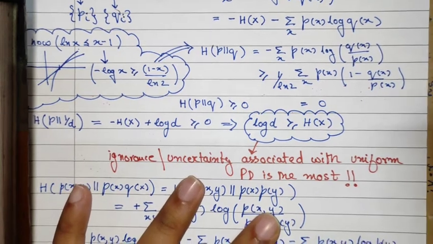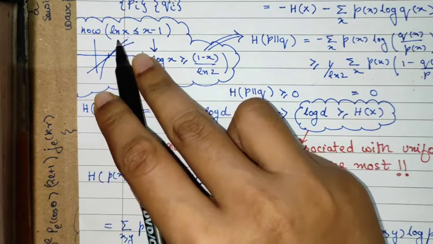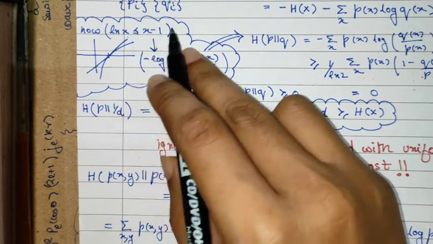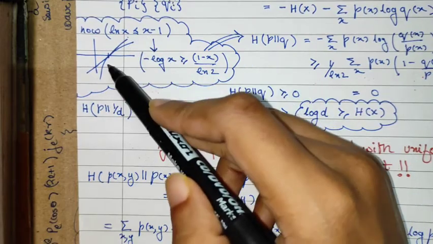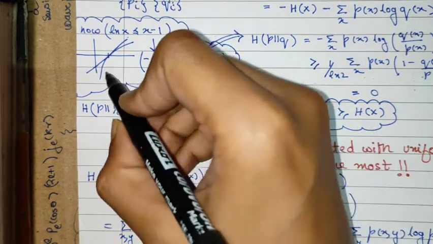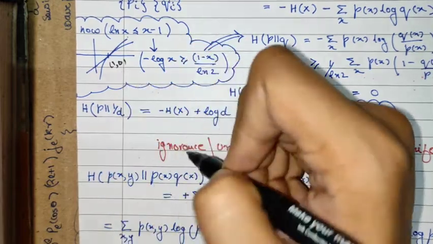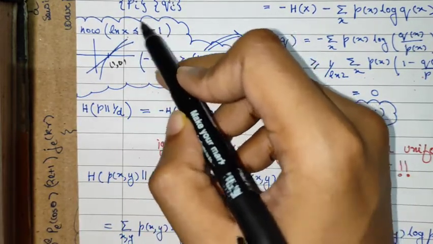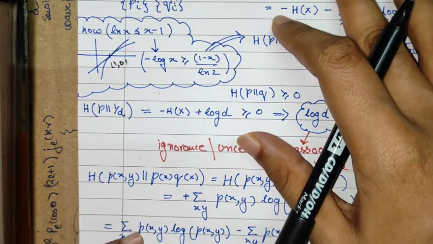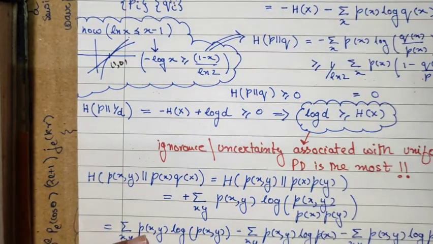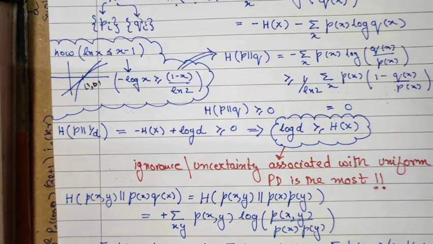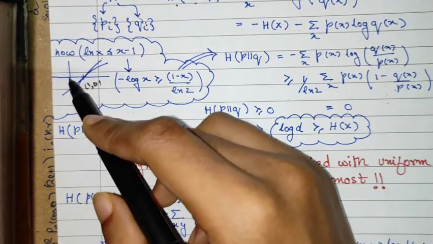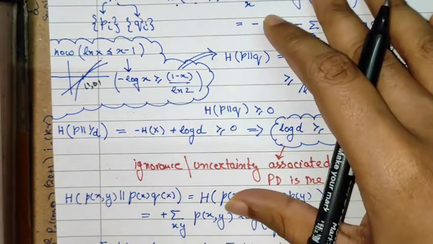It is very easy to see by using the fact that ln x is always less than or equal to x minus 1. The line x minus 1 is tangent to the curve ln x at the point (1, 0), and hence it always lies above the log function over the entire domain. It is not defined on the negative side, but on the positive side.